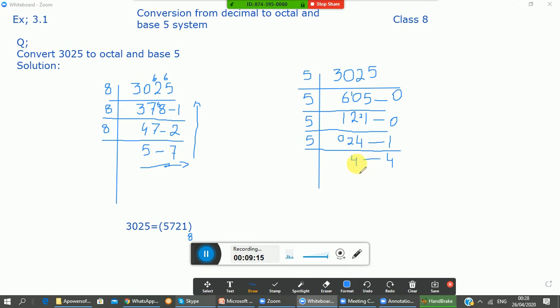So this dividend is smaller than its divisor, so we cannot further divide this digit 4. Okay, so stop here and write the remainder here.